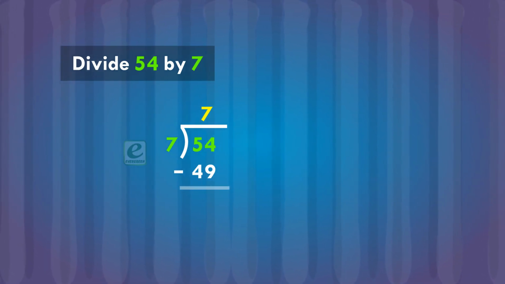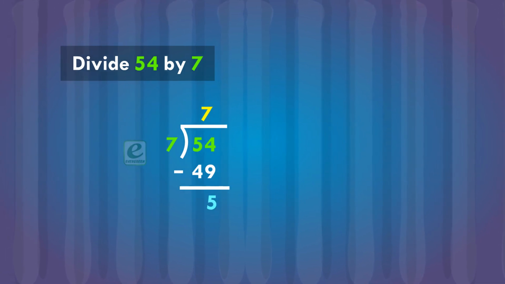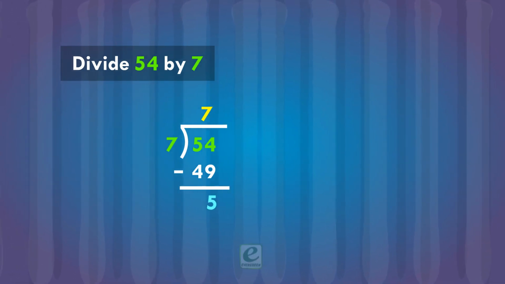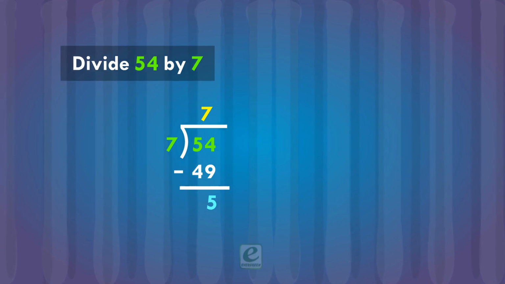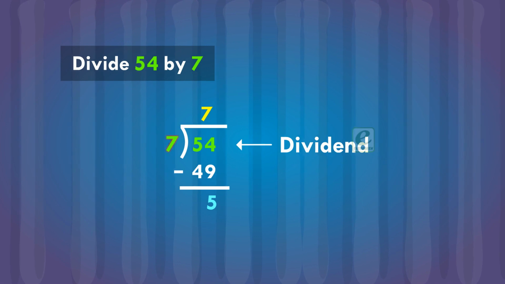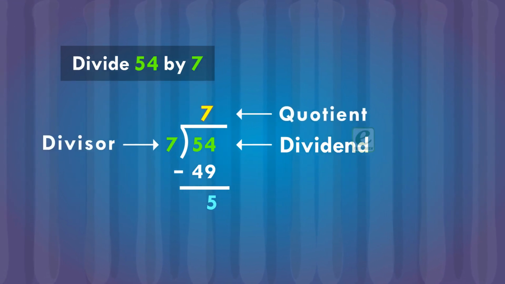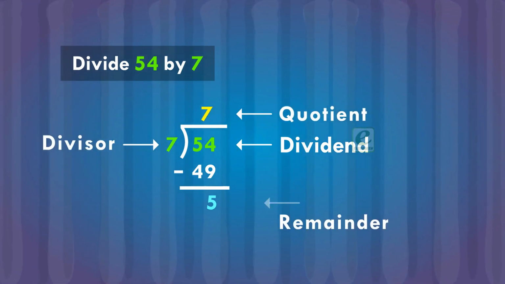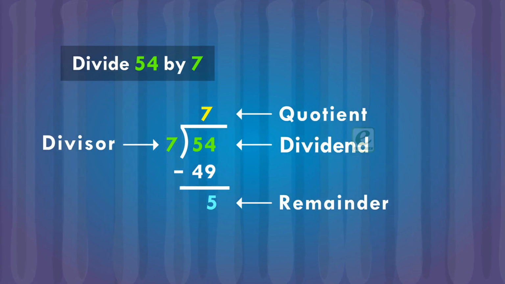By doing this, we will have 5 as a remainder. Hence, we can say that when we divide 54 by 7, the quotient is 7 and the remainder is 5.